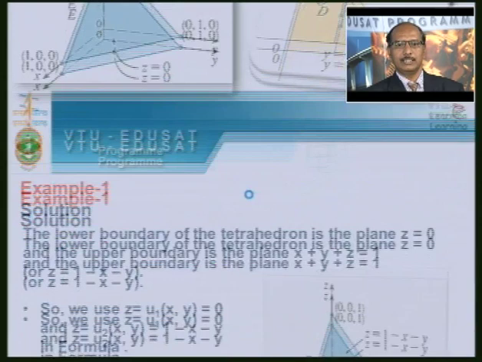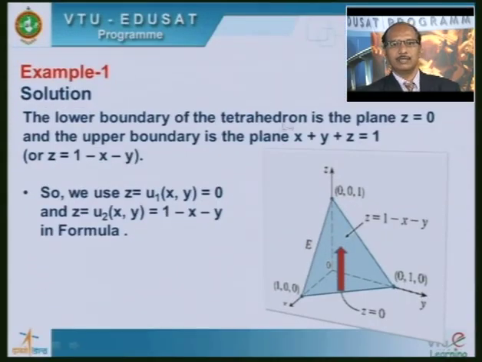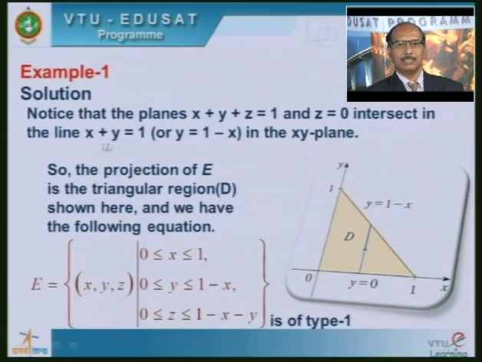Now, we set up the integral limits. The lower boundary of the tetrahedron, already discussed, is z equal to 0, and the upper boundary is z equal to 1 minus x minus y. These two are the z limits, z equal to u1(x,y) and z equal to u2(x,y) in the formula, that is 0 and 1 minus x minus y. You substitute in the formula. Notice that the tetrahedron's plane and z equal to 0 intersect in the same line, x plus y equal to 1.